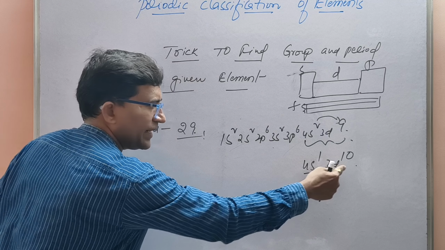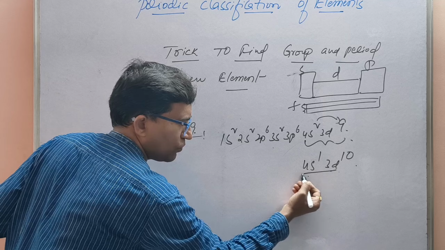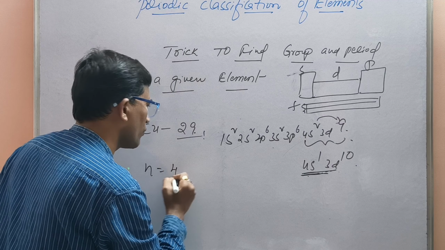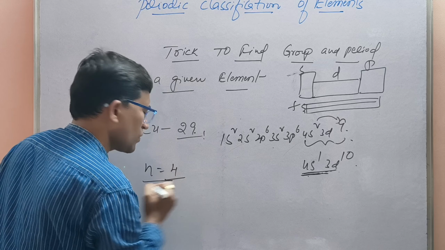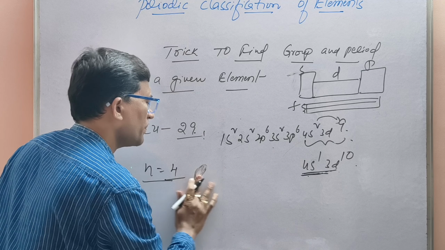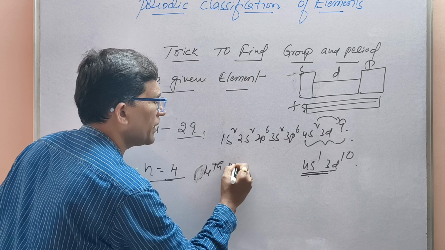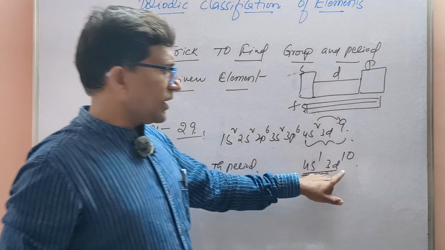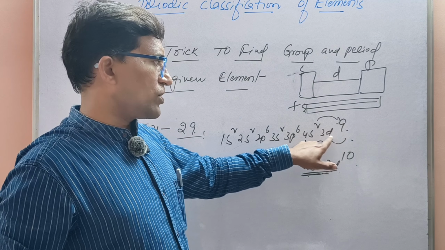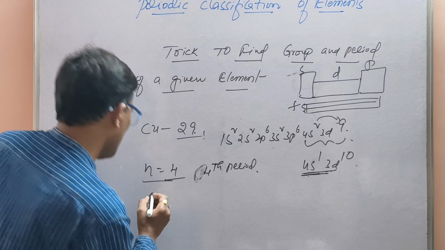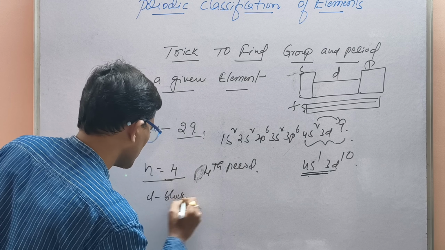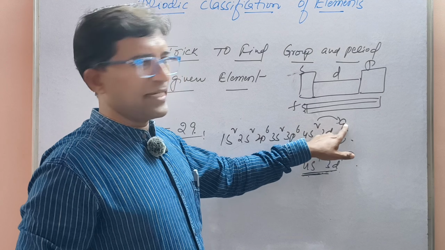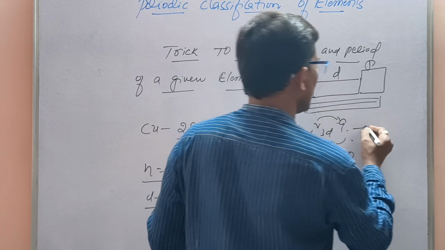So 4s1 3d10. Here among these two, which has the higher n value? n equal to 4, that is 4s1. And n equal to 4 means it belongs to which period? 4th period. And if you think about the electrons, the last electrons are in which orbital? D orbital. So it belongs to the D block. And if I count the total number of electrons, 2 plus 9, it is 11.